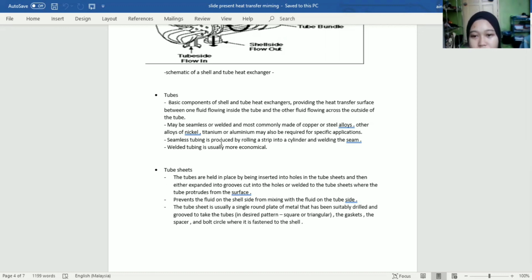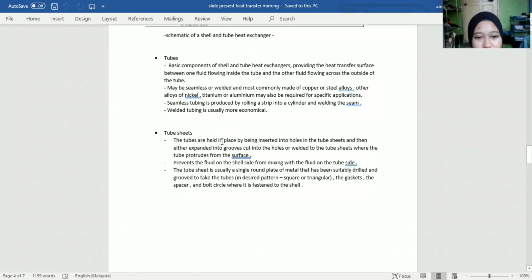Next, tube sheet. The tubes are held in place by being inserted into holes in the tube sheet and heat expanded into grooves cut in the hole, or welded to the tube sheet where the tube protrudes from the surface. It prevents the fluid on the shell side from mixing with the fluid on the tube side.